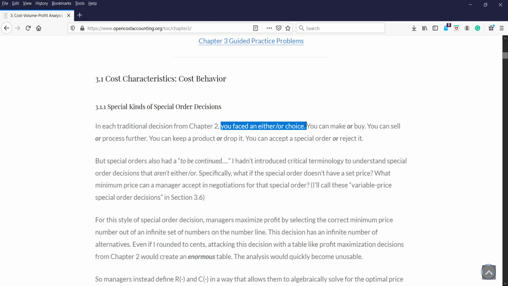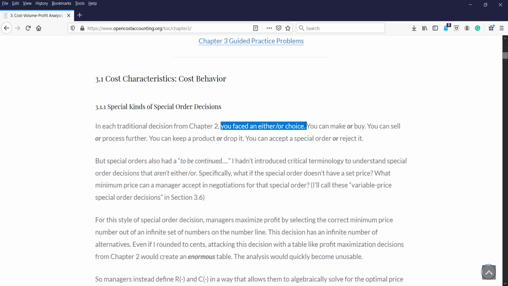Now, that might seem very limiting. I told you in chapter 2 that you could have more than 2 alternatives, and that's very true. But the problem is that as you get more and more alternatives, more and more columns in those relevant cost analysis tables, it becomes less and less useful for decision making. We just have limited attention spans and limited ability to juggle multiple ideas in our minds at the same time.